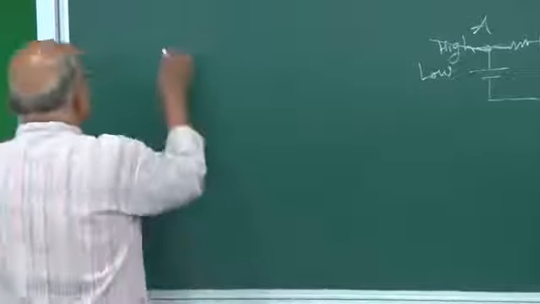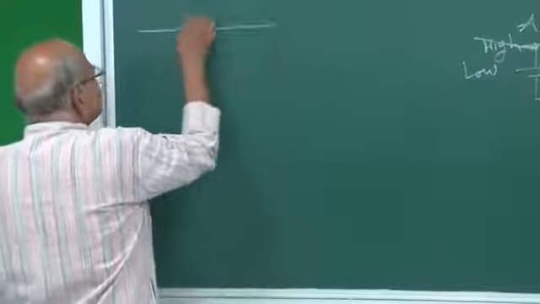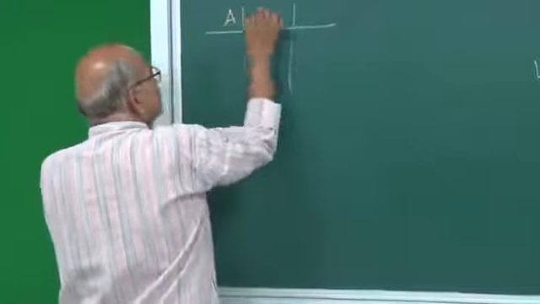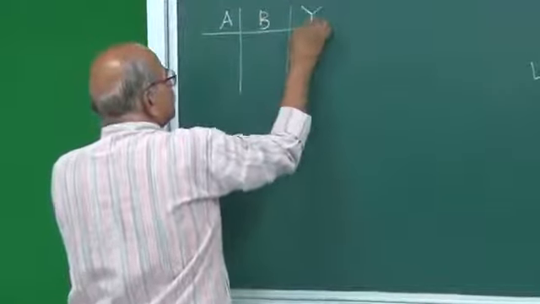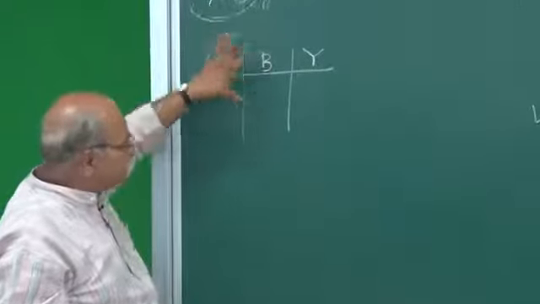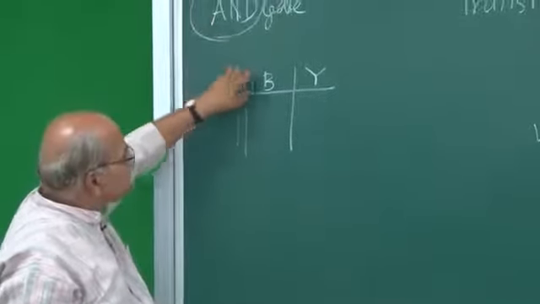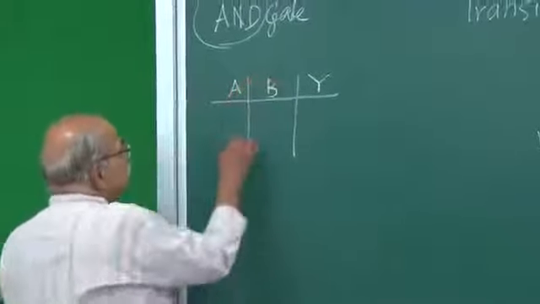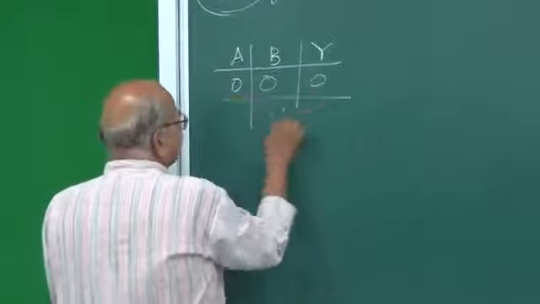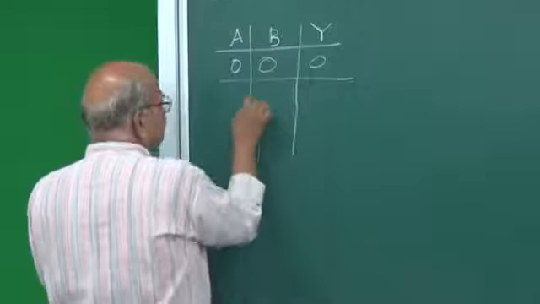So if I draw the truth table for 2 inputs and 1 output, the basic AND gate will have this. You can have more inputs, but the basic AND gate has 2 inputs and 1 output. If A is 0 and B is 0, Y is 0.